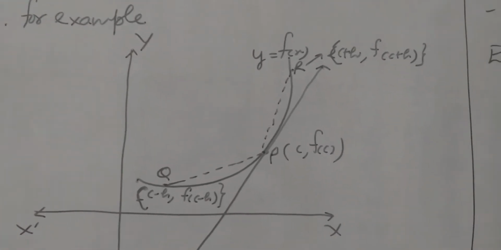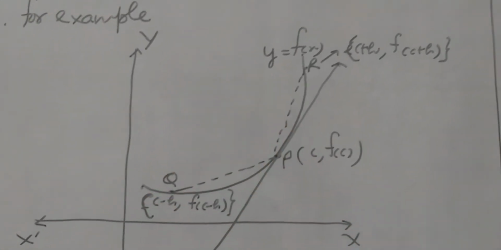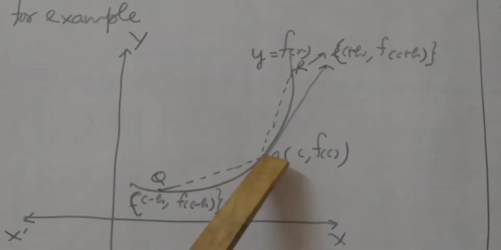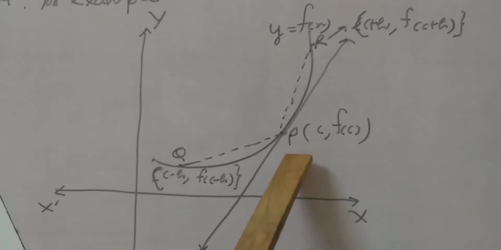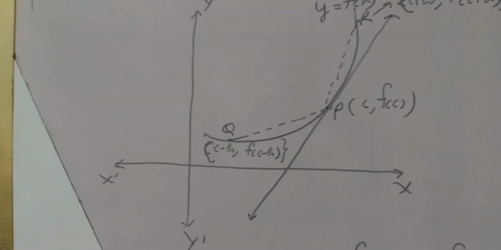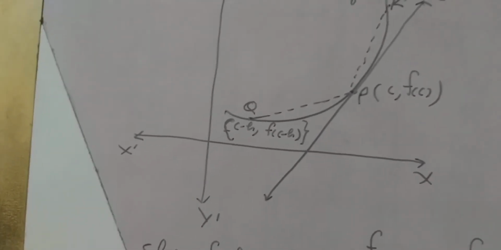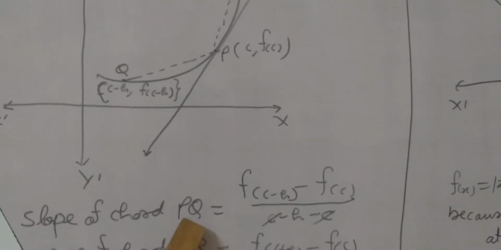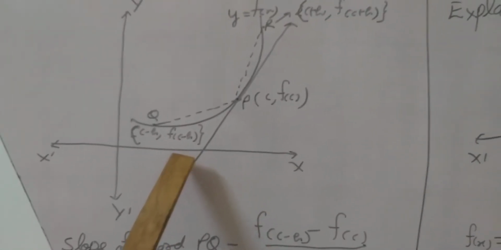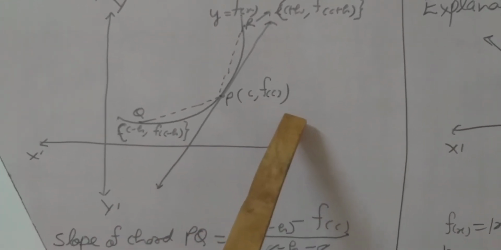Okay, students, if we join PQ and PR, let us find out the slope of PQ. Slope formula, students: y2 minus y1 upon x2 minus x1. That formula I am going to apply. y2 value f(c minus h), y1 f(c).